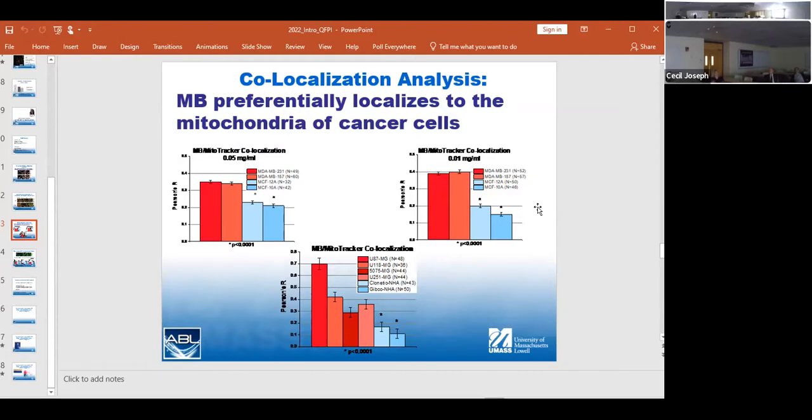That's why we have preferential accumulation in mitochondria. But the cancers we're looking at, like thyroid, brain, and breast, also have increased mitochondrial membrane potential. That's why there is even higher accumulation of methylene blue in these cancer cells.